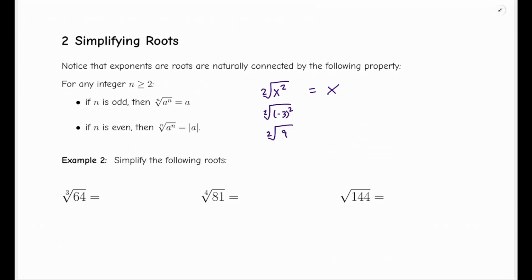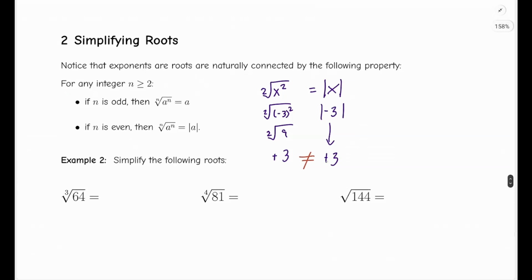And from what we said above, this is +3. But if we plug -3 on this side, it just becomes -3. These two things are not equal. That's why we need to put absolute values here, because then that becomes an absolute value, in which case these two things are equal. So that is why when n is even, you need an absolute value sign.